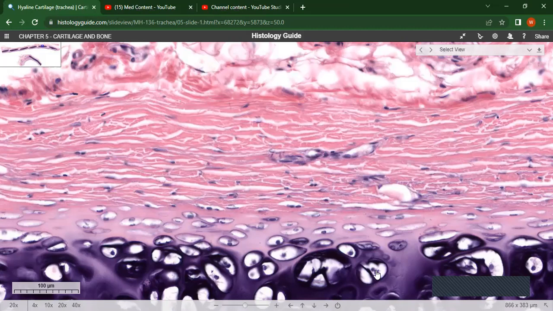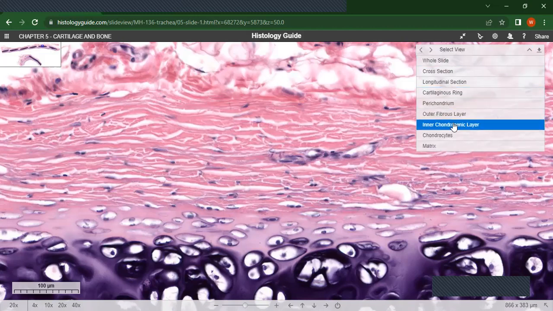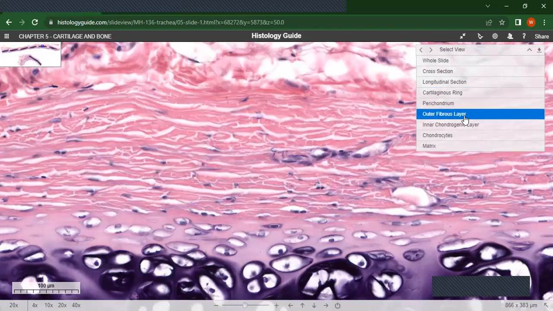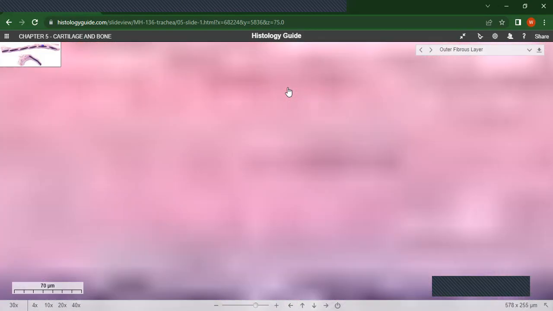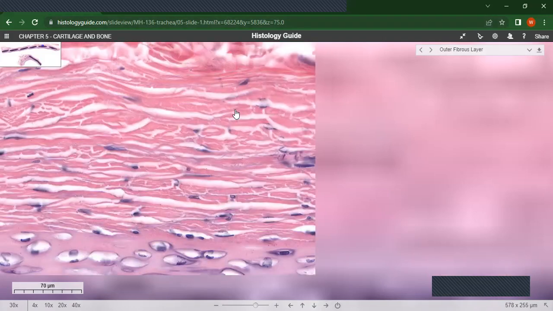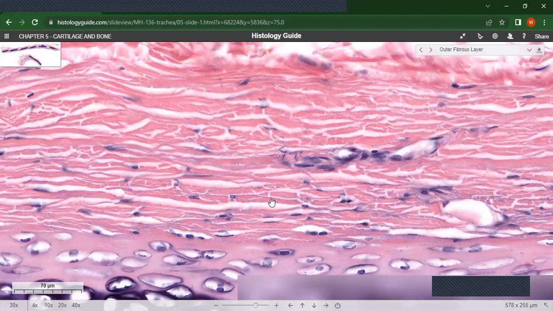Let's look at the matrix. So the high magnification, this was the outer, sorry for the connection, this is the outer fibrous layer of the perichondrium.